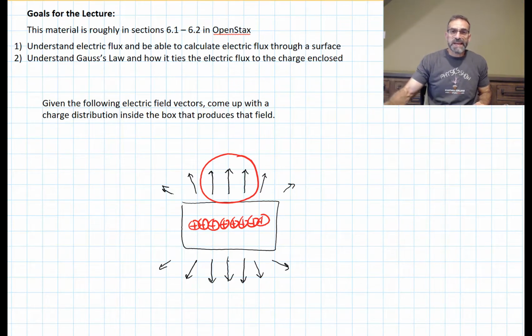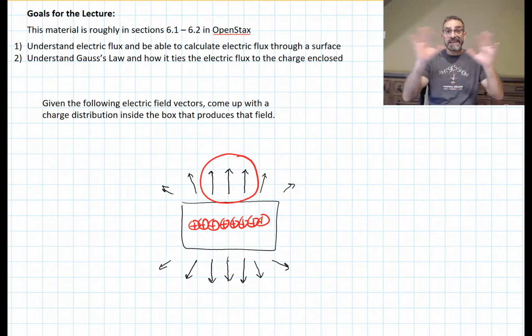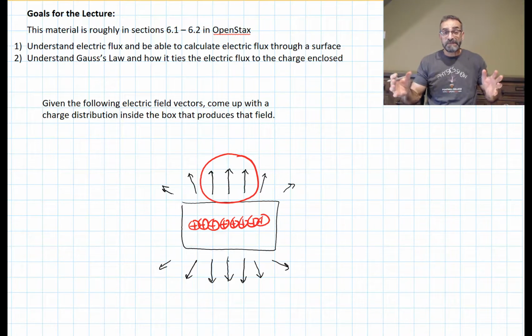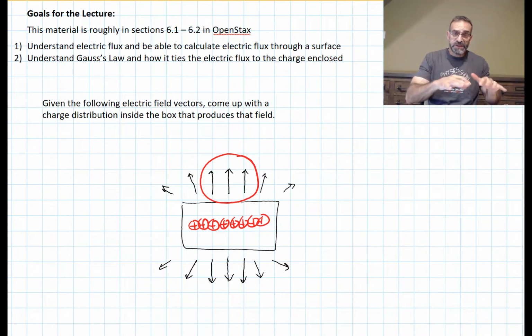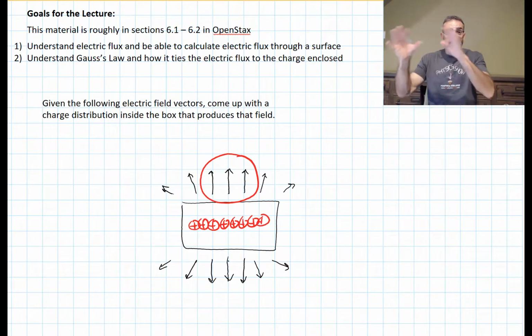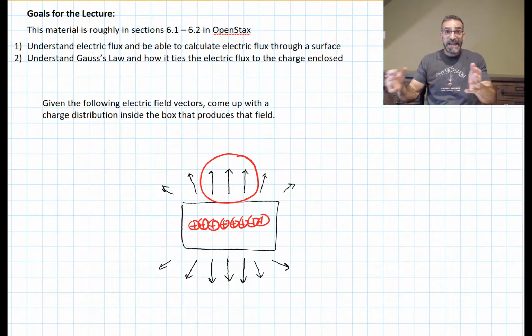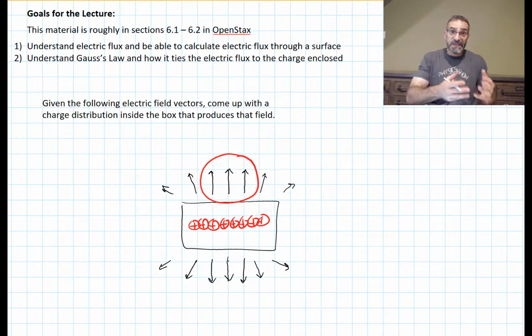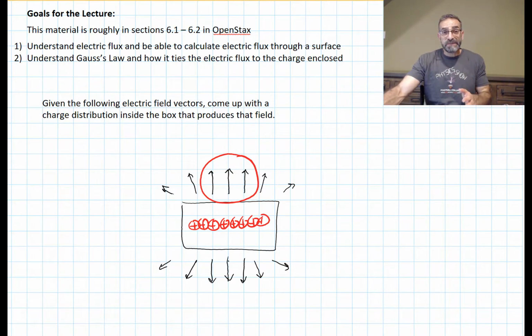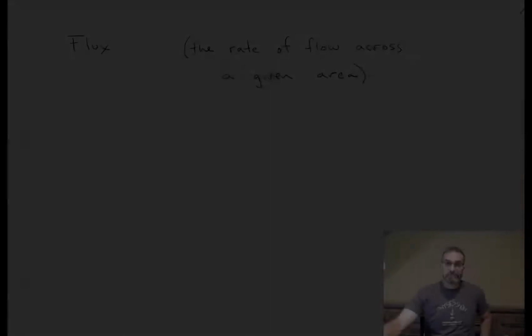The point of this exercise is that there's a relationship between the charge distribution and the electric field it's creating. If we know something about the charge distribution, we can tell something about the electric field, and vice versa. If we know something about the electric field, that tells us something about the charge distribution. And that's important to understand for Gauss's law.